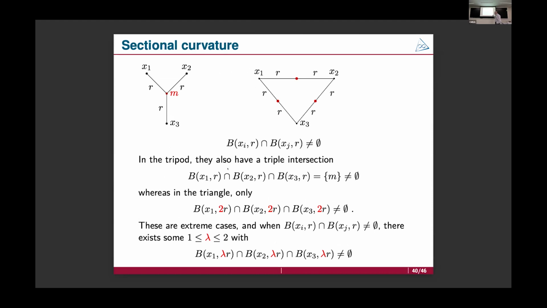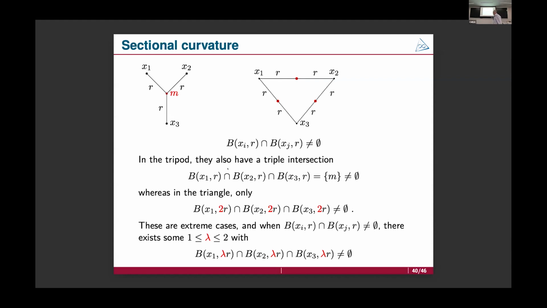I'm suppressing some technical details here, but the point is you ask which is the smallest factor lambda in order to get triple intersections. Of course, it cannot be smaller than 1 by the triangle inequality, and you can also show that in general, at least in finite dimensions, it's at most 2.